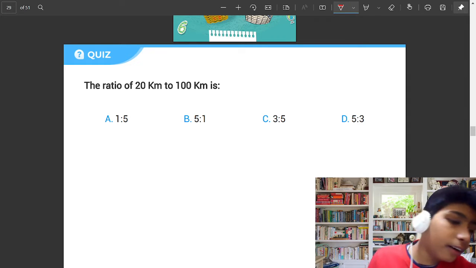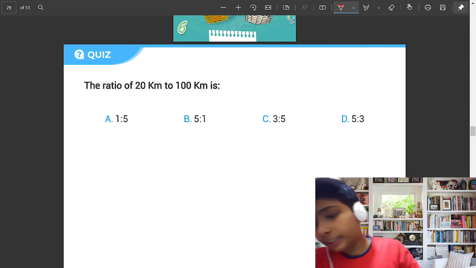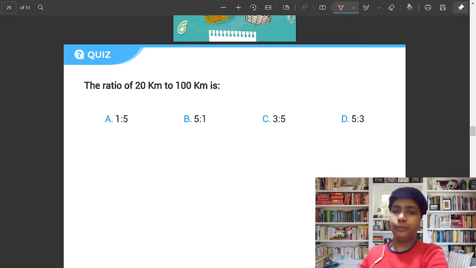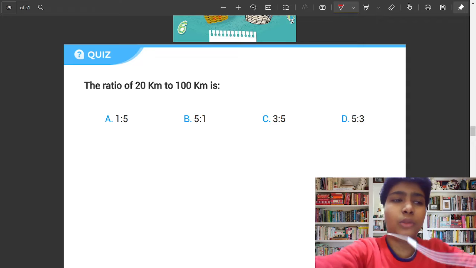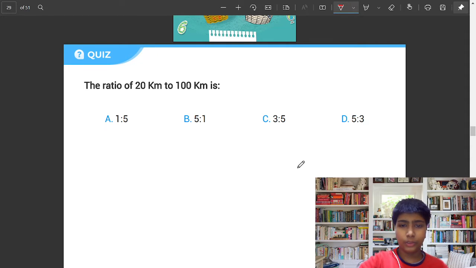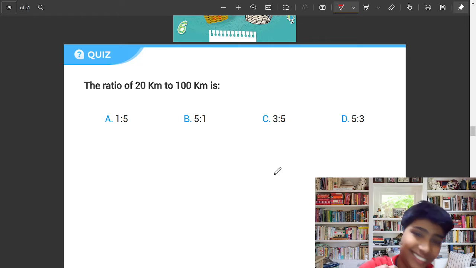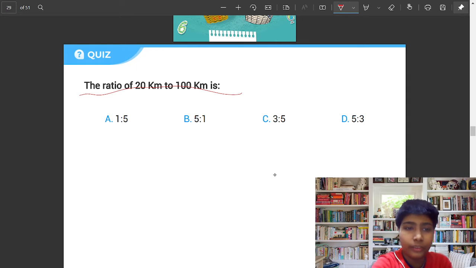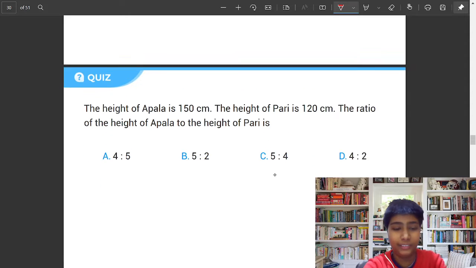We can divide 100 by 20 and put it in the denominator and then write it as a ratio. So this is the formula for ratio and proportion. So you can answer this. I'll answer this because I like doing quizzes also. Ratio of 20 to 100 equals 1:5. Don't answer this in the chat box.